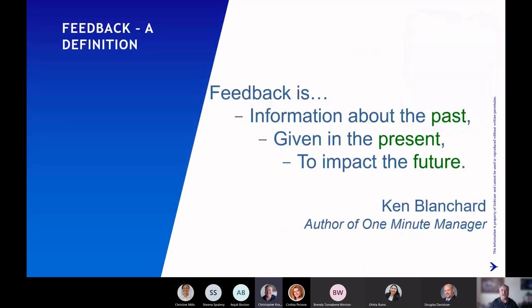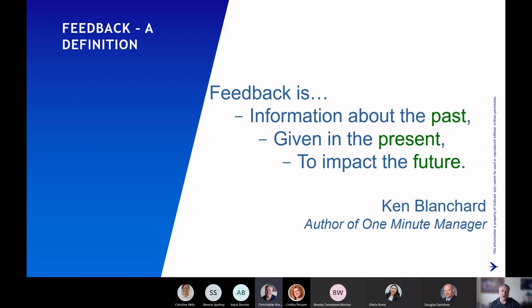So feedback. Maybe you've heard of Ken Blanchard. He's the author of One Minute Manager. In his book, he states that feedback is information about the past given in the present to impact the future. I love this definition.